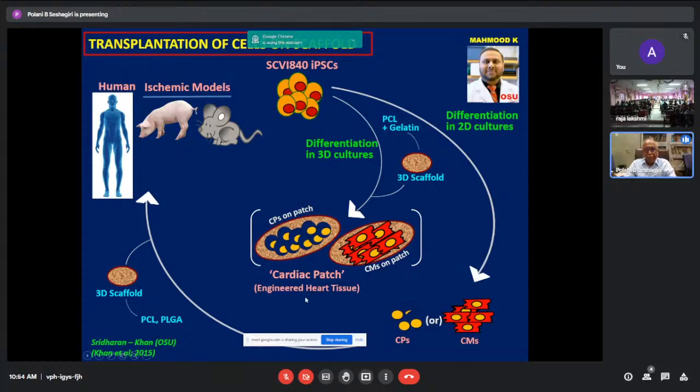So what it tells is, if you have that little cardiac patch, which is PCL based, and if it is human cells, obviously in this case it is human cells, and if these are clinical grade human cells, ready to be transplanted after their safety and efficacy becomes known by these animal model experiments, then it is possible that clinical grade cardiomyocytes cultured on the PCL patches can be transplanted into an ischemic heart condition, which is the myocardial infarct condition.